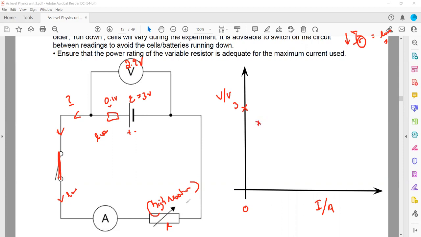Then we gradually decrease the resistance. As we decrease the resistance, the current starts to flow more. Here 0.2 volts will drop, and the remaining 2.8 volts will be here, so the reading on the voltmeter starts to decrease. Then we further decrease the resistance, so the current increases.